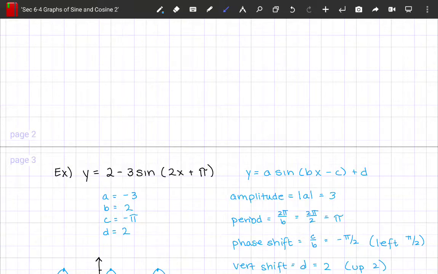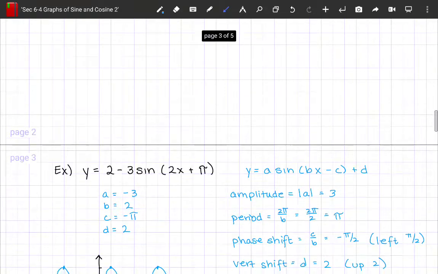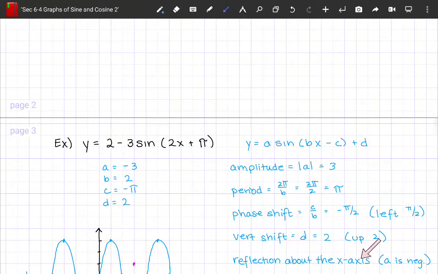We know the absolute value of a is 3, so that tells us the amplitude. What about the negative? Does the negative tell us anything? And it does. We're going to have a reflection in this one. If a is negative, we're going to have a reflection about the x-axis.